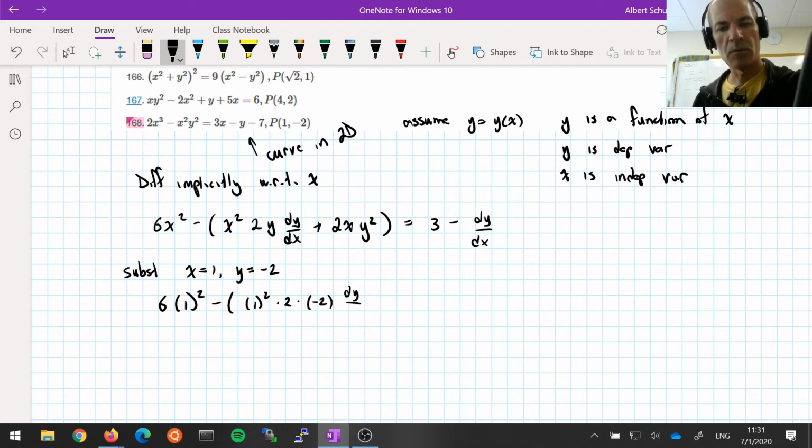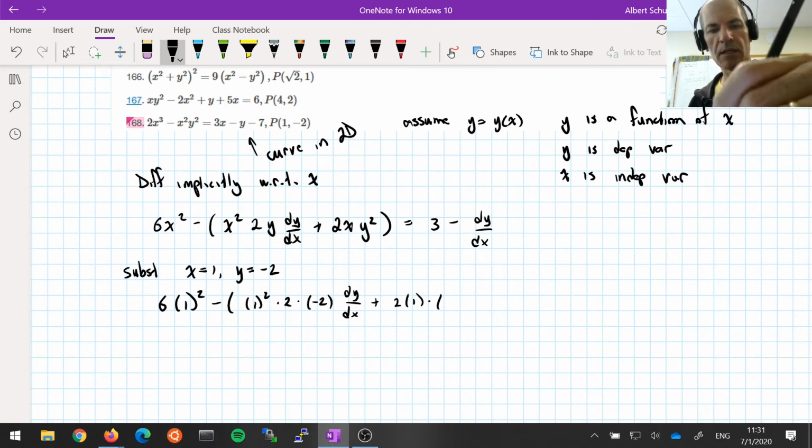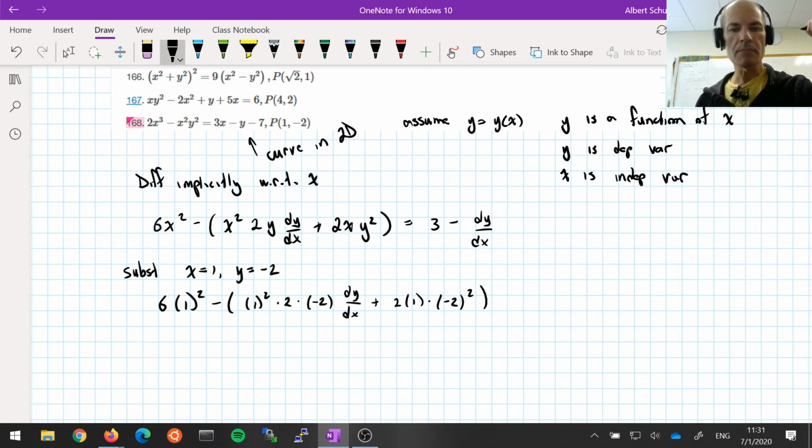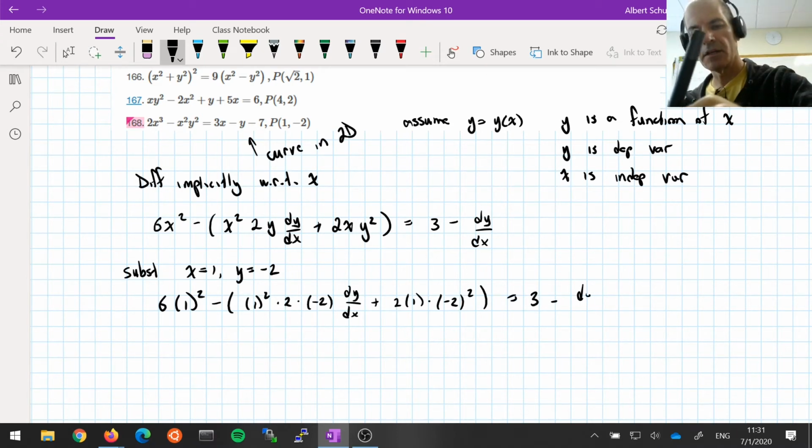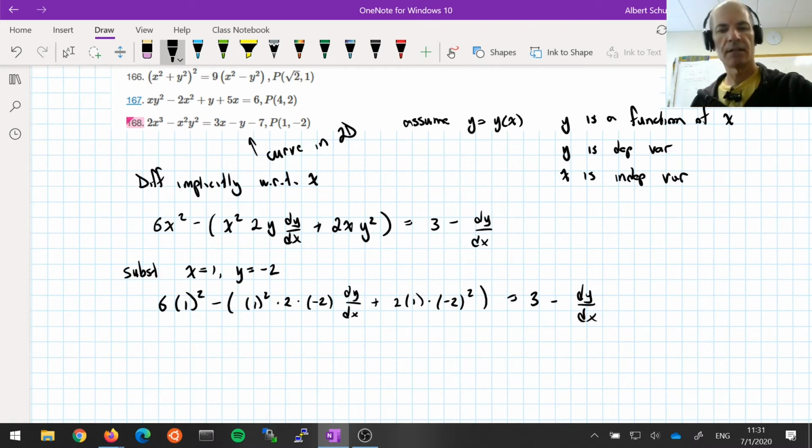The unknown is dy/dx, that's what we're trying to figure out, plus 2 times, what's x, 1 times y squared, that's going to be, well, let's just put negative 2 squared in there. All right, all of that looks good, equals 3 minus dy/dx.